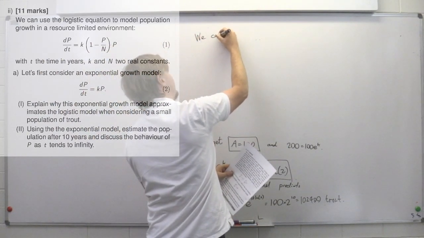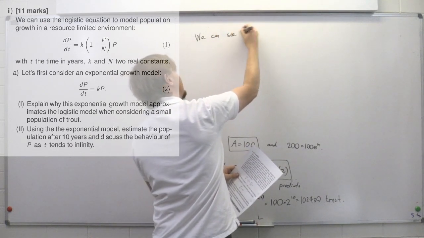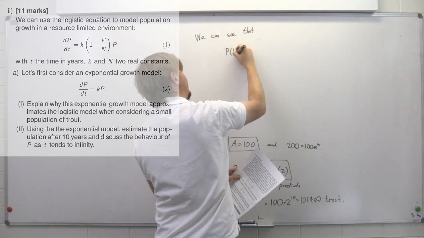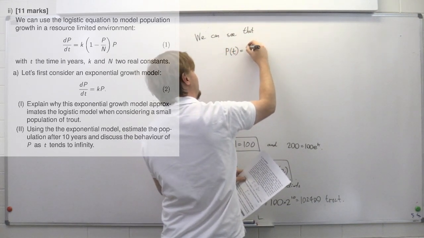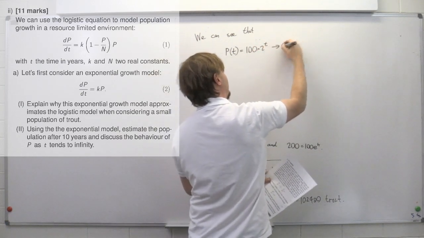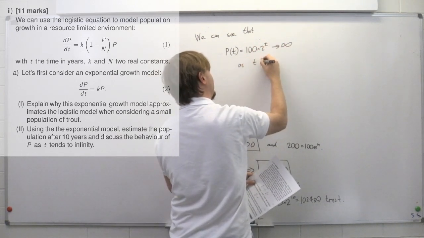So we can also see that p of t, which is just 100 times 2 to the t, tends to infinity as t tends to infinity.